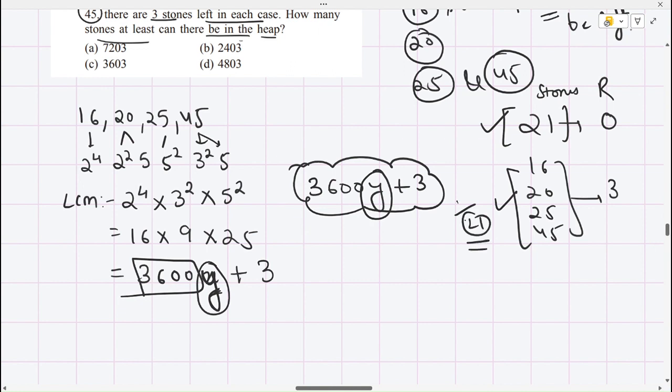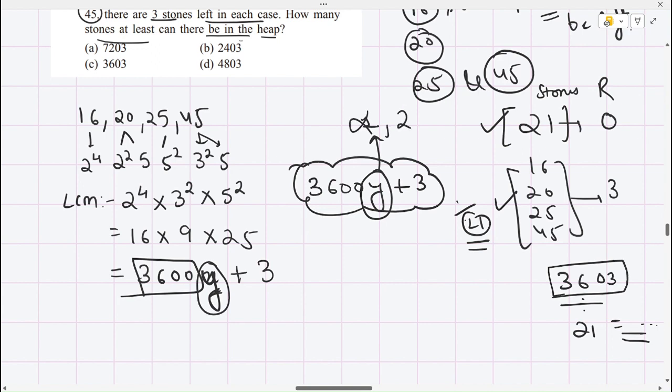So if you put the value of y as 1, the number we receive is equal to 3603. But if we check by dividing this particular number by 21, the answer is in decimals, that is, the remainder is not 0. So 1 cannot be the value of y.